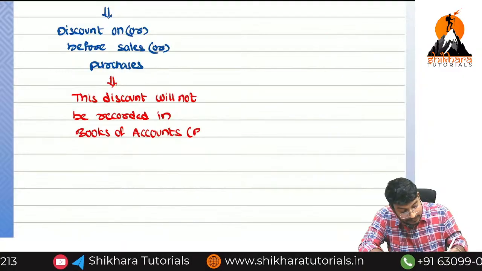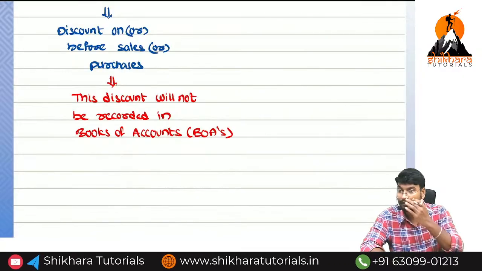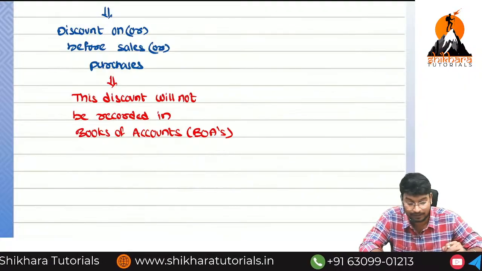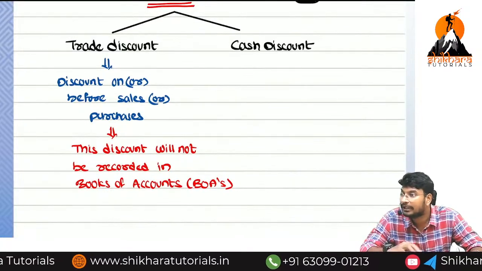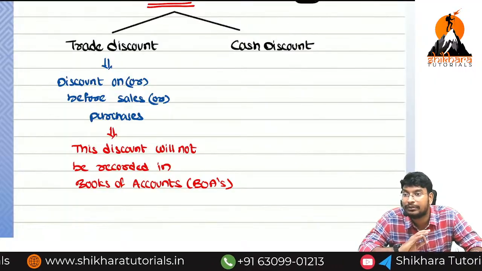What is the shortcut of books of accounts? BOAS. We can write like that. So what is the ultimate conclusion of trade discount? Are we going to record the trade discount? We are not going to record the trade discount.